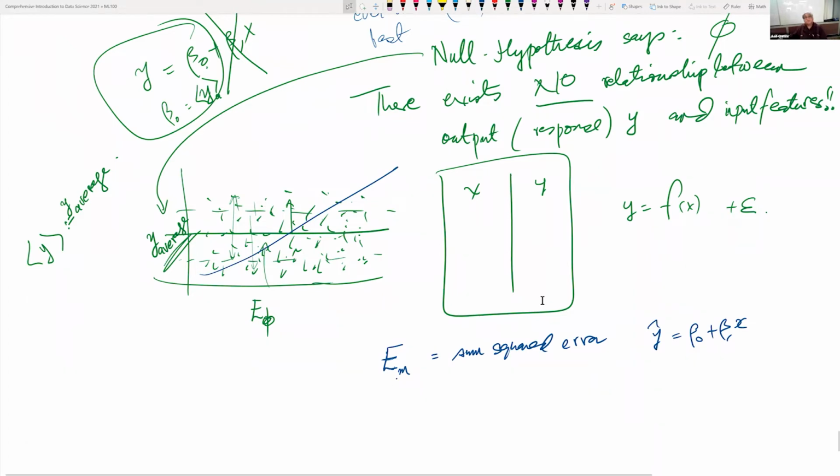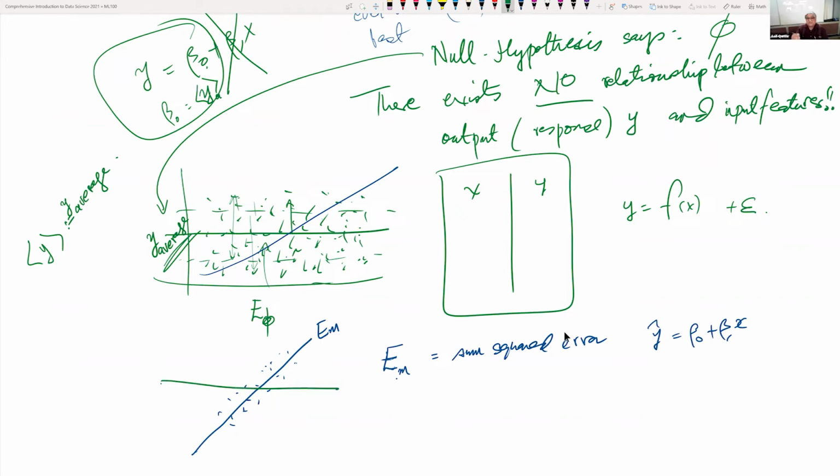Now, you know that null hypothesis could be true or your line could be true. But both of them cannot be the better answer. One has to be better than the other, isn't it? Am I making sense, guys? And yeah, if your data is truly like this, and this is your EM, you would agree that that will outperform this.